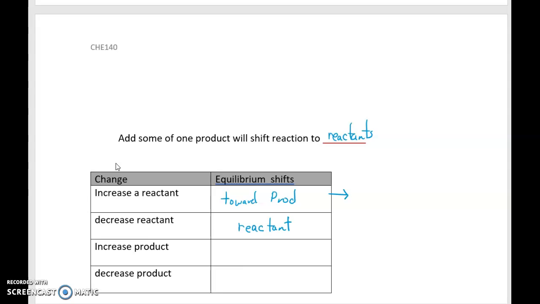If we increase the product, then we will move toward the reactant. And if we decrease the amount of product, we'll move toward the product.